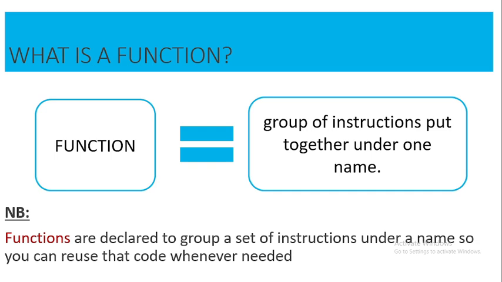Anytime you see the same set of instructions, we will just refer to them by the name that has been given to it. So functions are declared to group a set of instructions under a name, so you can reuse that code whenever needed.